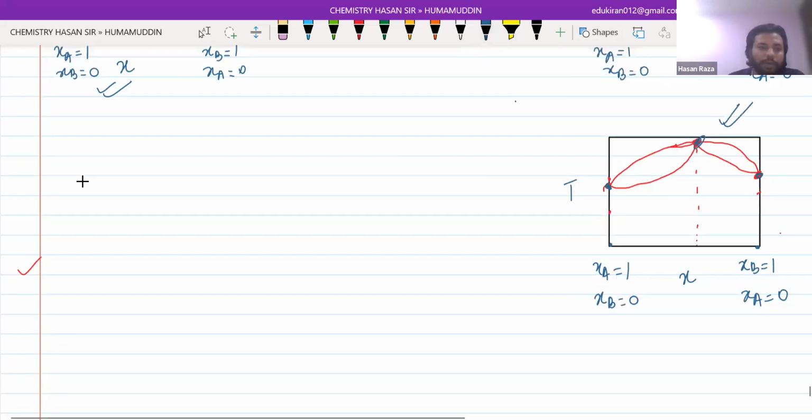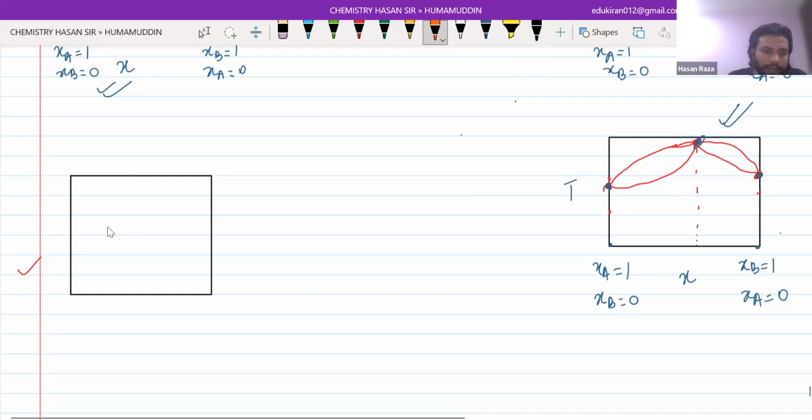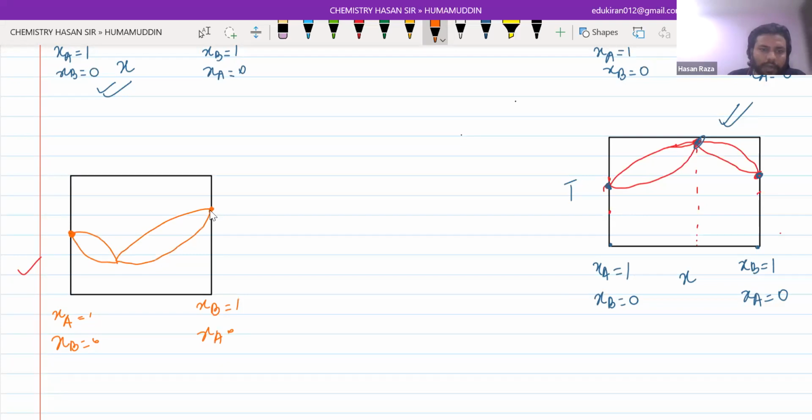Now I'm going to draw for positive deviation, or minimum boiling point. So again, this will be your x_A equal to 1, x_B equal to 0, and again x_B equal to 1 and x_A equal to 0. Now you know that this will go like this. The boiling point of A is here and the boiling point of B is here.